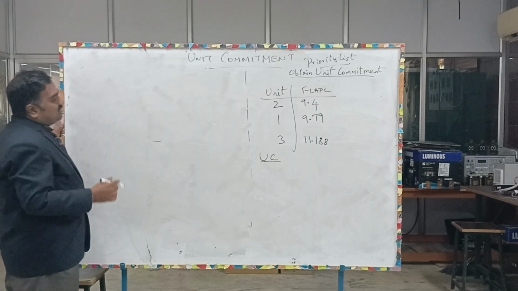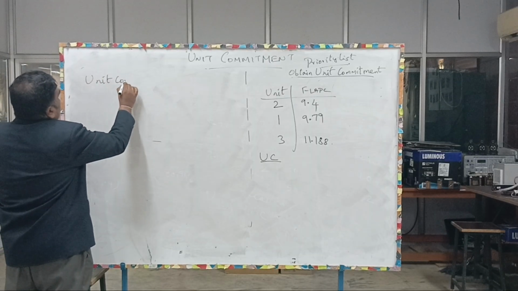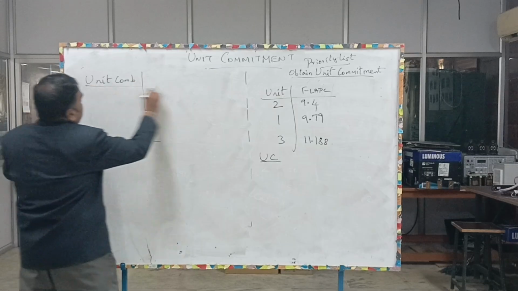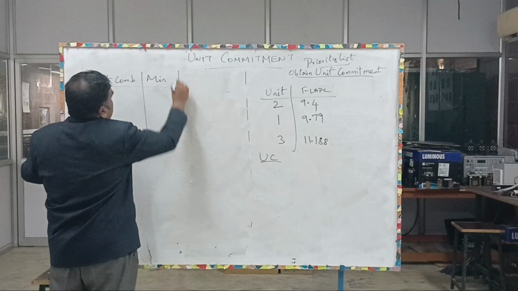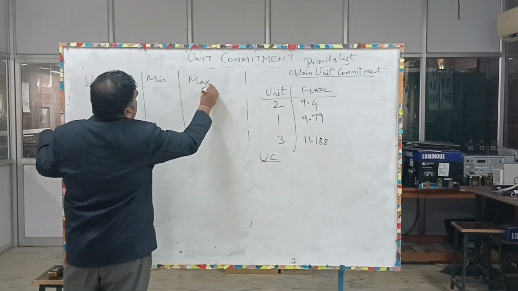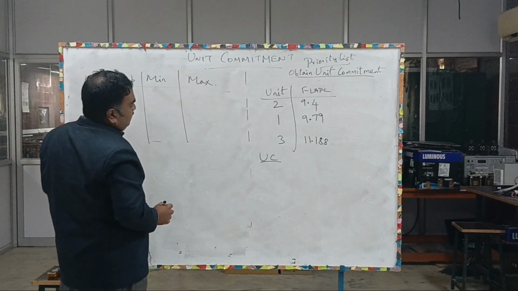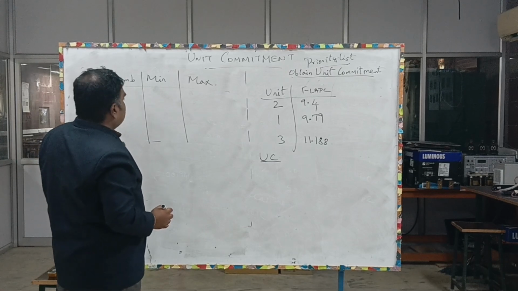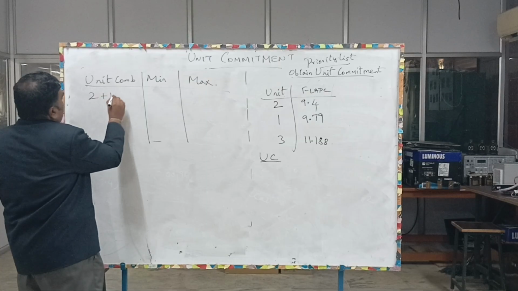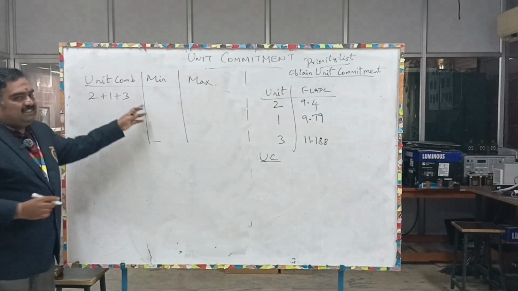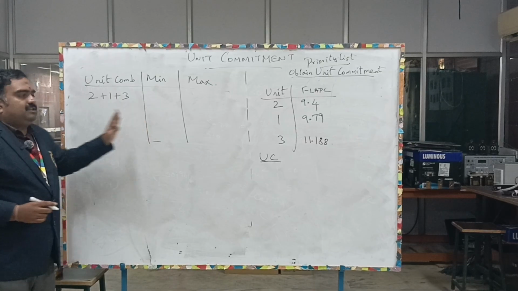So, when we want to use all the 3 generators, we can write it as unit combination, followed by minimum from that combination and maximum from that combination. First will be 2, 1 and 3. You have to write in this order. This plus does not stand for addition, it stands for the combination order.